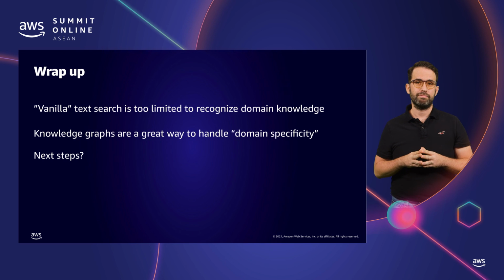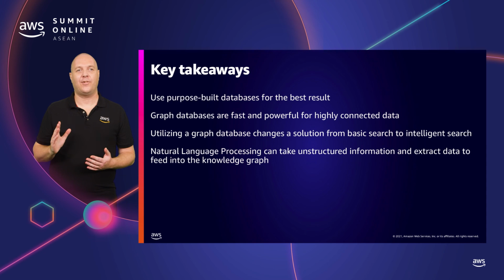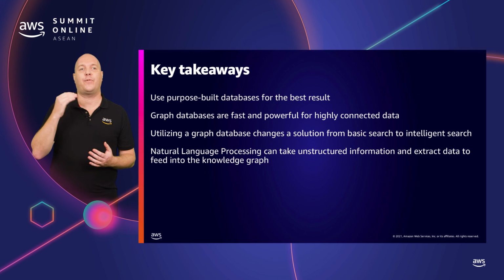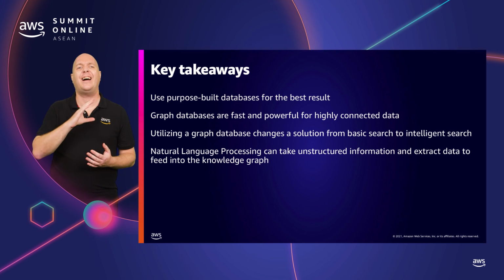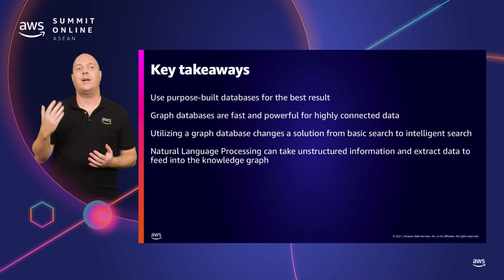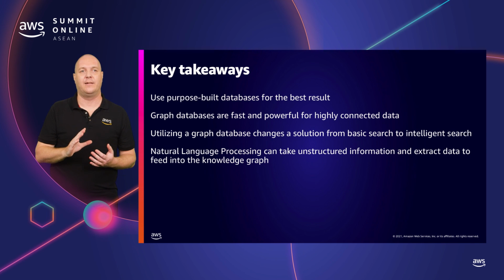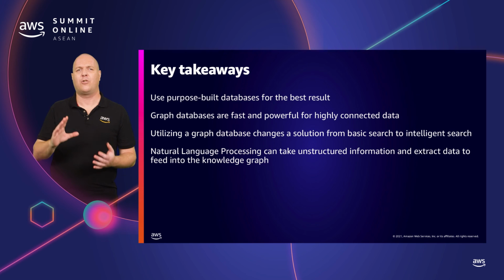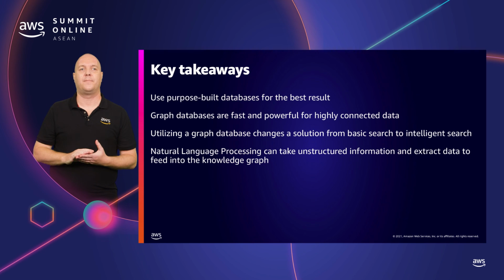Thank you, Charles. So to summarize, we started by explaining why you should use purpose-built databases for the best results. We looked in detail at how graph databases are powerful for highly connected data, how a graph database applies to unstructured information processing, and how a graph database combined with Elasticsearch facilitates intelligent search.